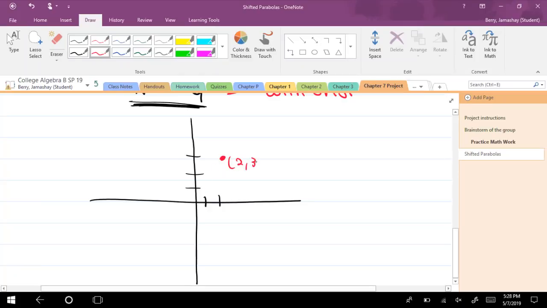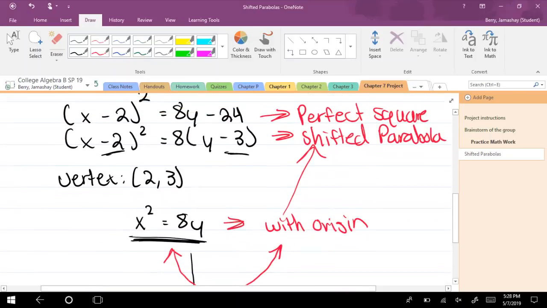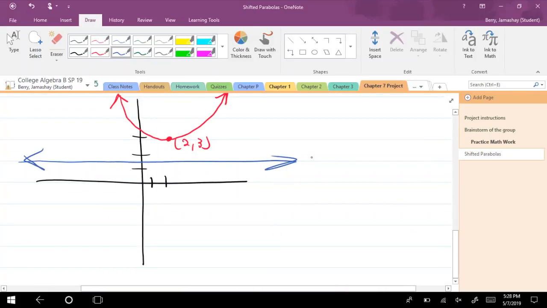This would be your vertex. And then your y point would just be 1.